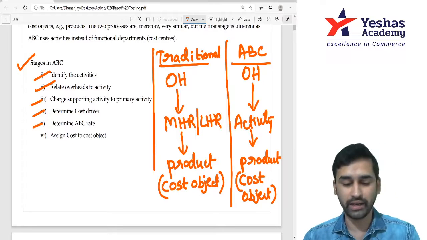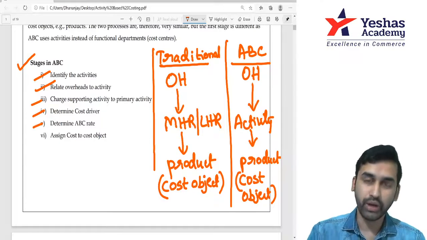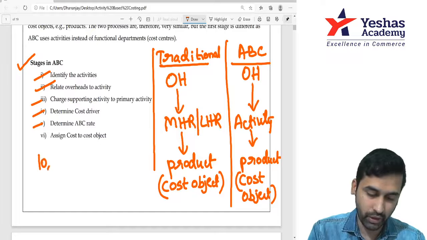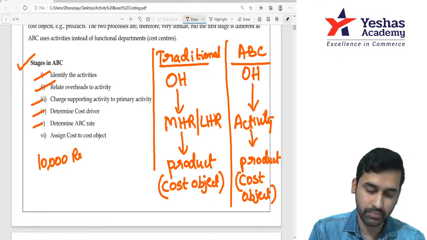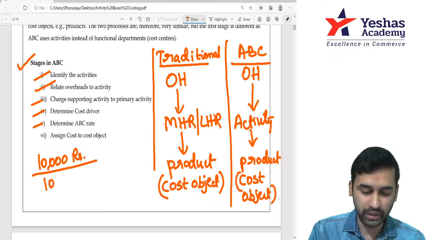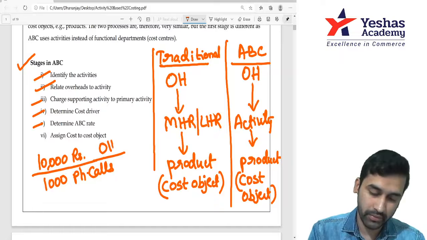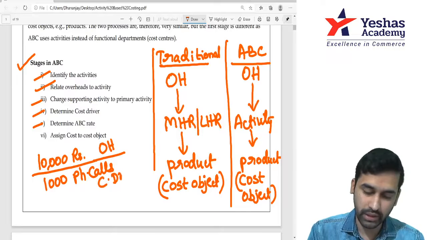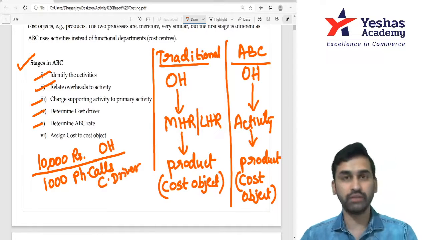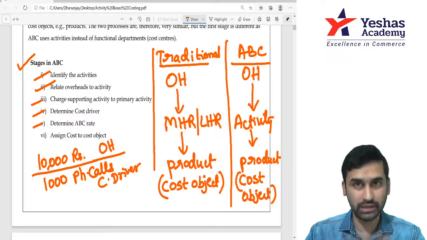Determine ABC rate. What do you mean by ABC rate? You have identified that the cost is 10,000 rupees and you are making 1,000 phone calls. Now this is your overhead and this is your cost driver. Cost driver is anything that drives the cost, and phone calls are driving the cost.